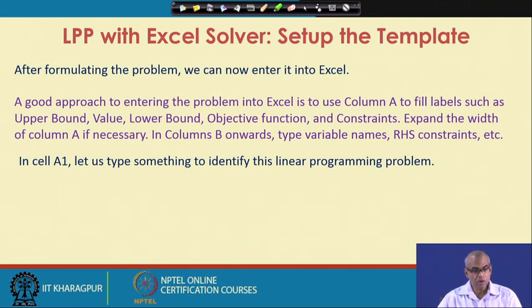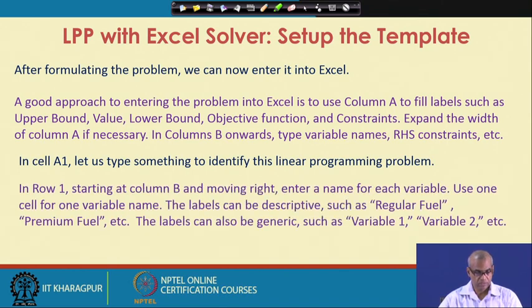So, in cell A1, let us type something to identify that this is a linear programming problem. You can give a name to this linear programming problem. Suppose in cell A1 you write linear programming problem example 1, and so on. In row 1, starting at column B and moving right, enter a name for each variable.